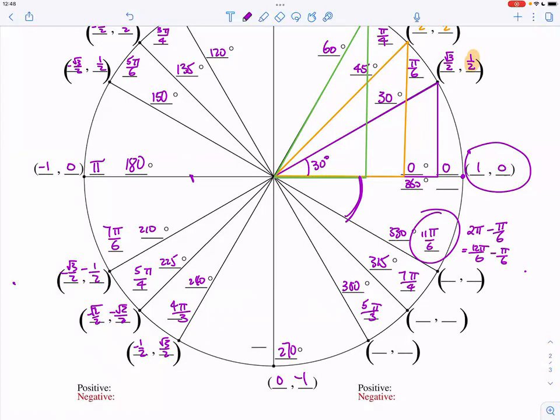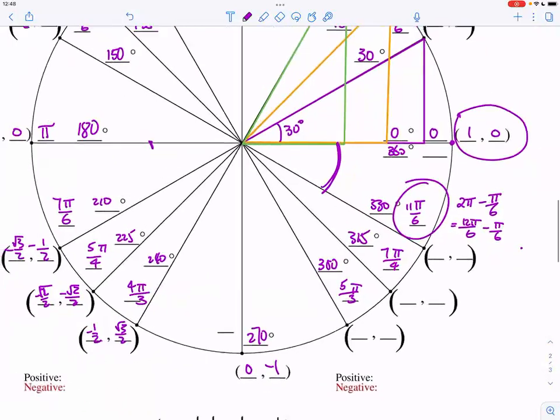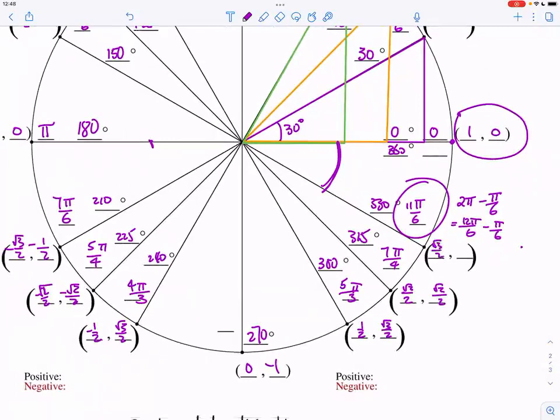If you start the first point wrong, the whole thing gets messed up. Okay. So this is 1/2. That means this must be root 3/2. The middle one is always root 2/2 because it's a 45-degree triangle. And then, oh, my bad, it's a negative y value. Okay. So try to utilize the pattern.